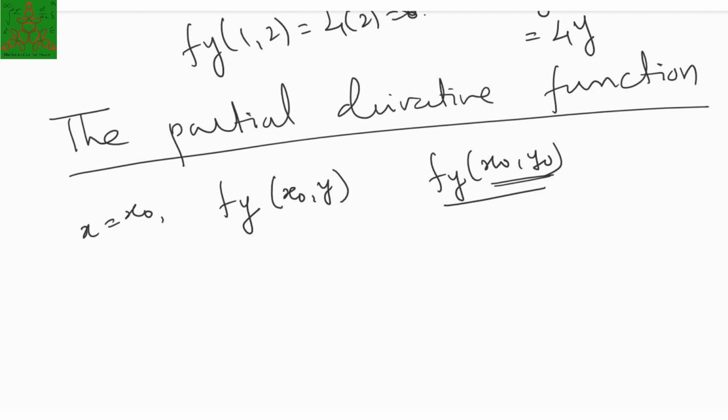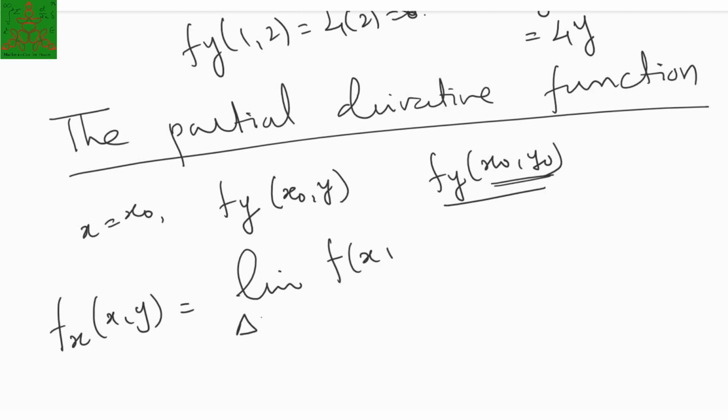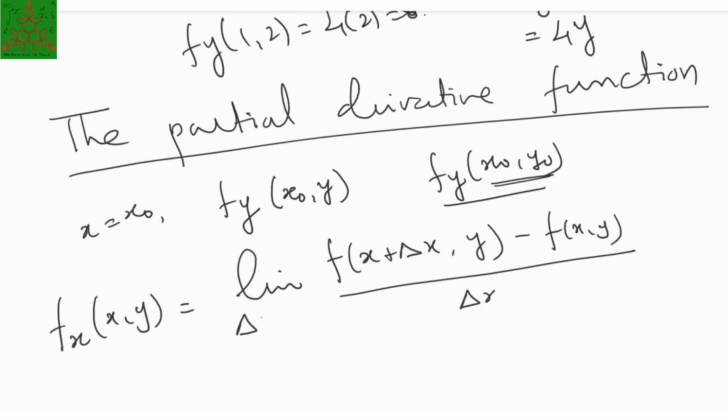For any point, fx at x, y can be defined as the limit of f of x plus delta x comma y minus f of x, y upon delta x as delta x tends to 0. So what are we changing here?